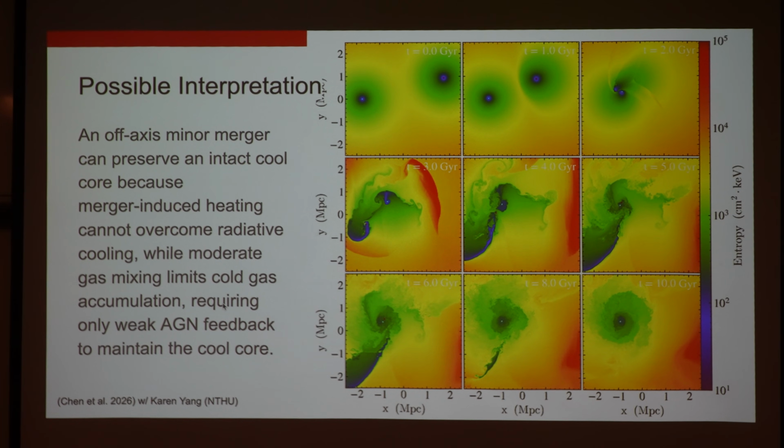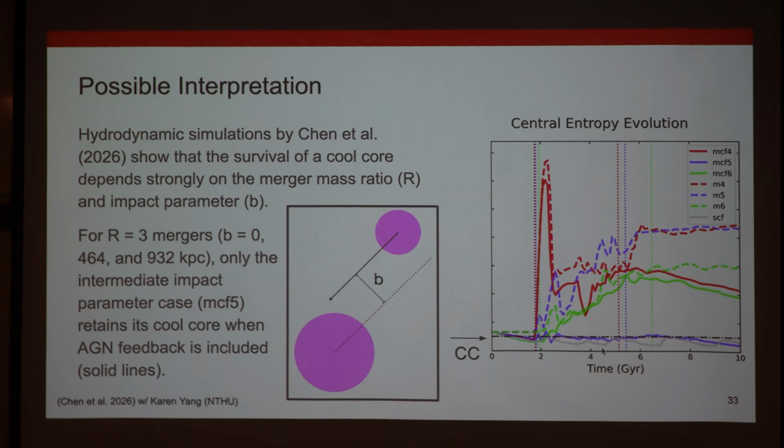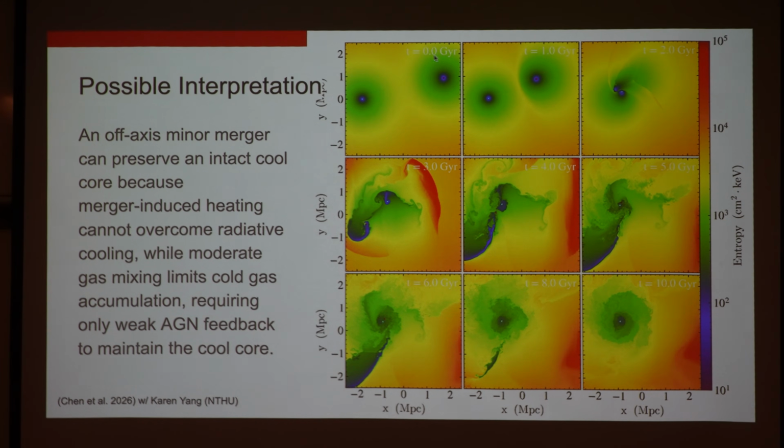Okay, so here is what a simulation of that specific blue line looks like. Here is time from 0 gigayear, 1, 2, 3, 4, 5, 6, 7, 8, 9, 10. Here are two subclusters before merging, and they merge at about 2 gigayear.